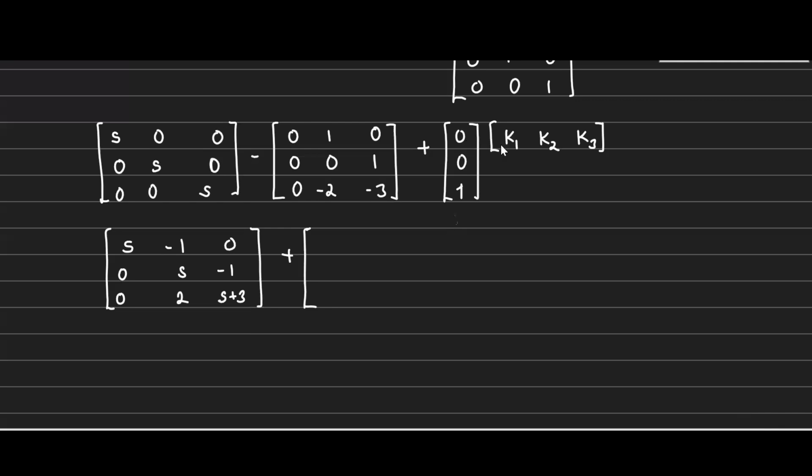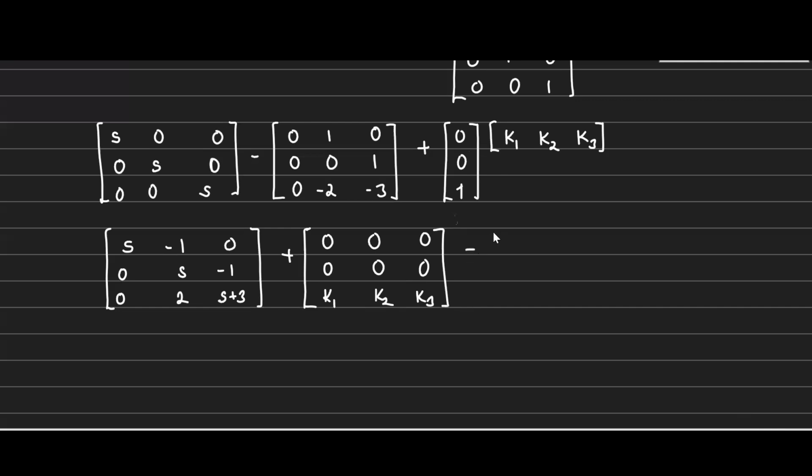So 0 multiplied by K1, 0 multiplied by K2, and 0 multiplied by K3. That's the first row we're going to get, so our first row will be 0, 0, 0. Similarly, here again, it will be 0, 0, 0. And then we have K1, K2, and K3.